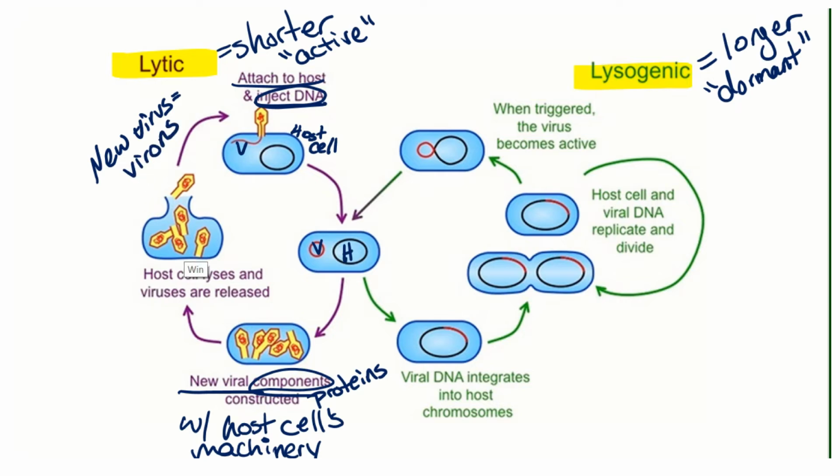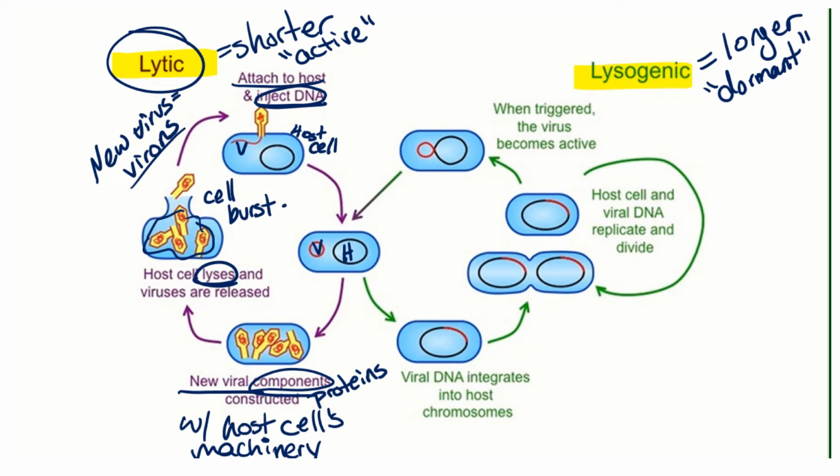Okay, and once too many of them are building up here, then that's when the cell bursts, also known as lysis. Okay, so that's when the host cells lyse. Now, that is the lytic cycle. And as you can see, once these virions are released, they have the opportunity now to go and attach themselves to another host cell and repeat the process once again.